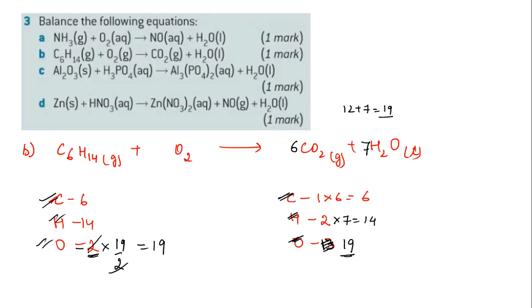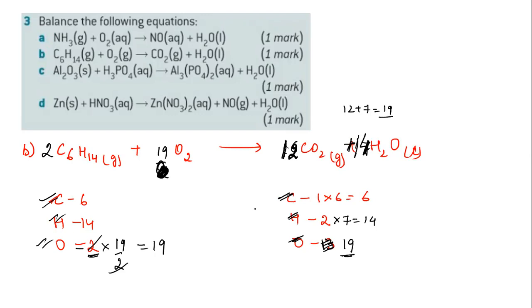So it will be 19 by 2. And you know that fraction cannot be there. So if you multiply the whole by 2, 19 by 2 into 2 will become 19 only. This will become 12 and this will become 14.